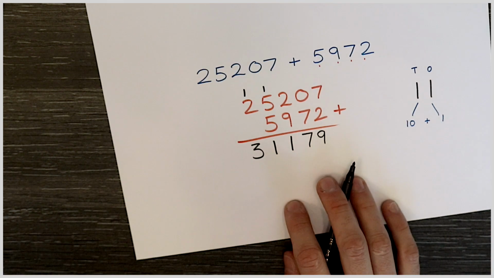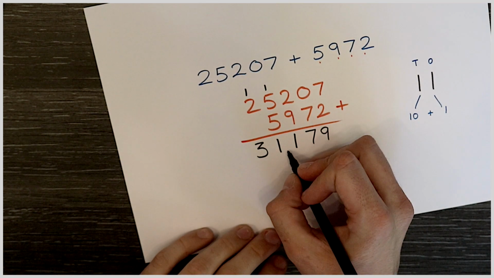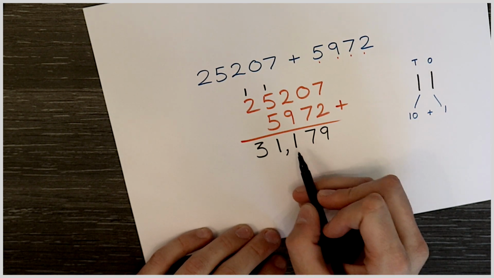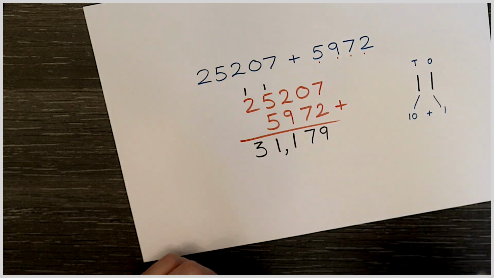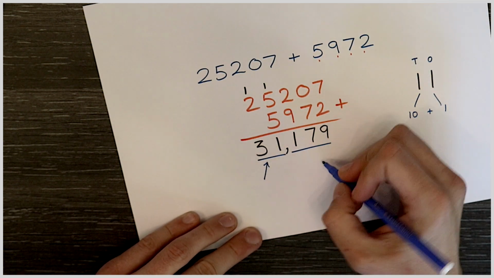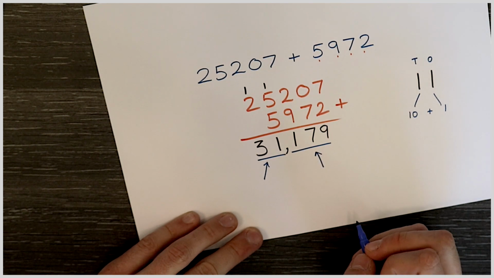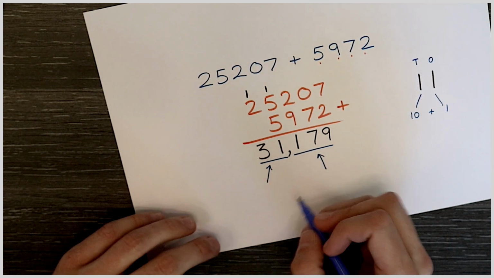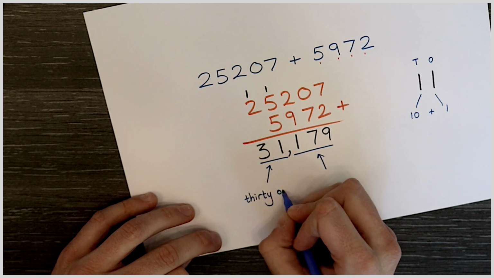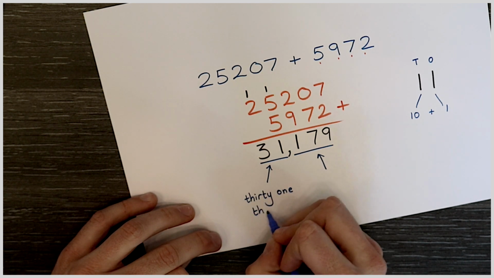Now, with the big numbers, I like to put a little comma going this way every 3 numbers, because it helps you read it. So if we take this number, for example, we've got 31 here, and we've got 179 here. So reading that, that's obviously going to be 31,000.